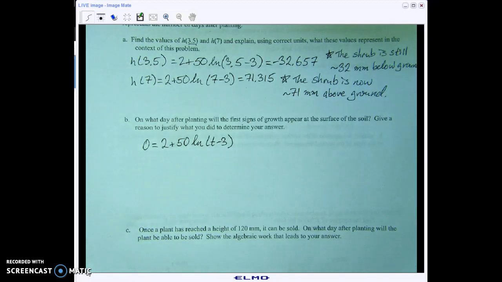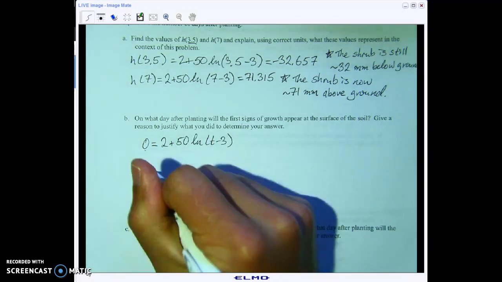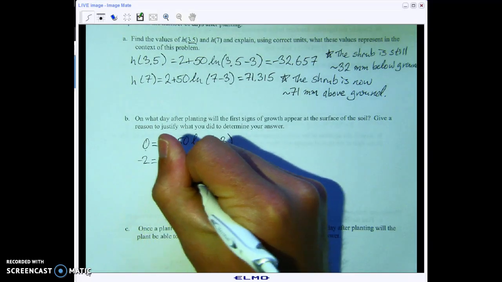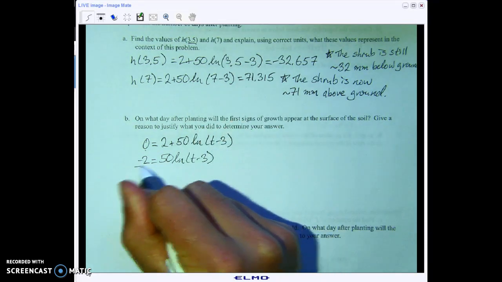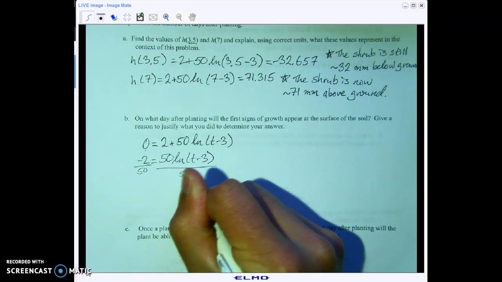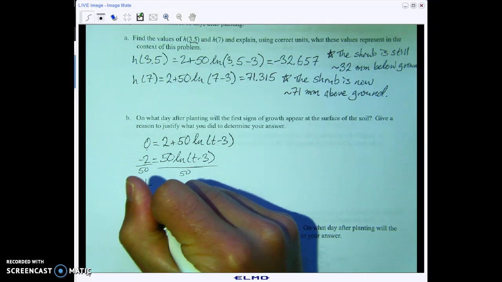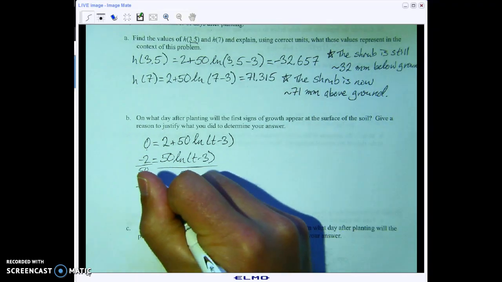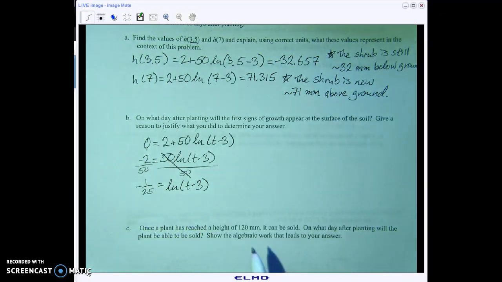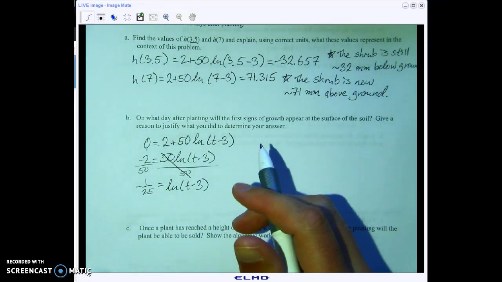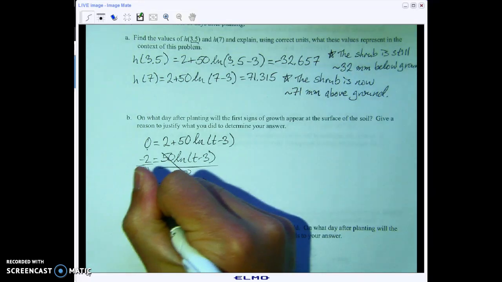And then I'm going to solve for t to get the amount of time it'll take for us to get from negative to 0. Okay, so subtract 2 from both sides first, and we get negative 2 is equal to 50 natural log of t minus 3. Dividing both sides by 50, I'll get t closer to being by itself, right? So we get negative 1 over 25, which is what that fraction reduces to, equal to the natural log of t minus 3. And to get rid of the natural log, we need to raise e to the power of both sides of the equation.